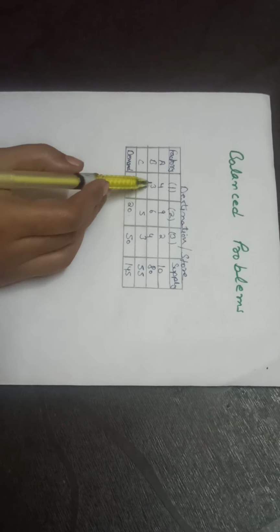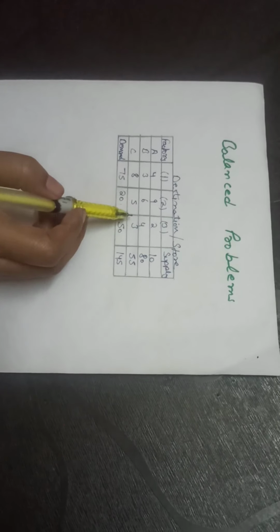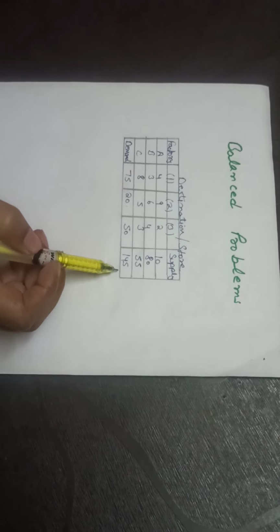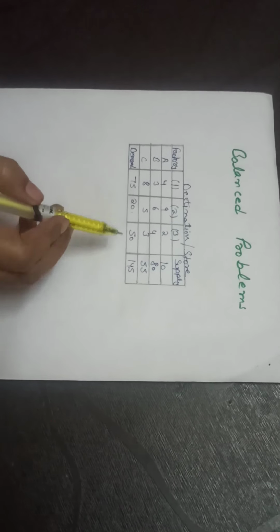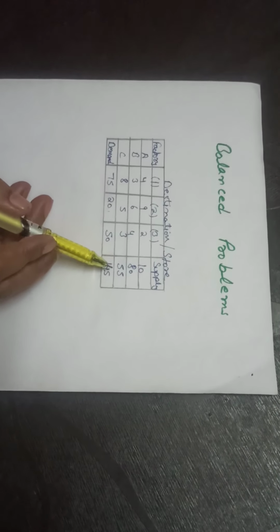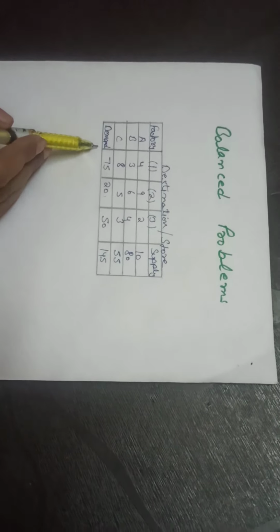So these are the different transportation costs, and these are demands, and these are supplies. So this is the transportation problem. Now we will check whether it is a balanced problem or an unbalanced problem. Here we can see demand.